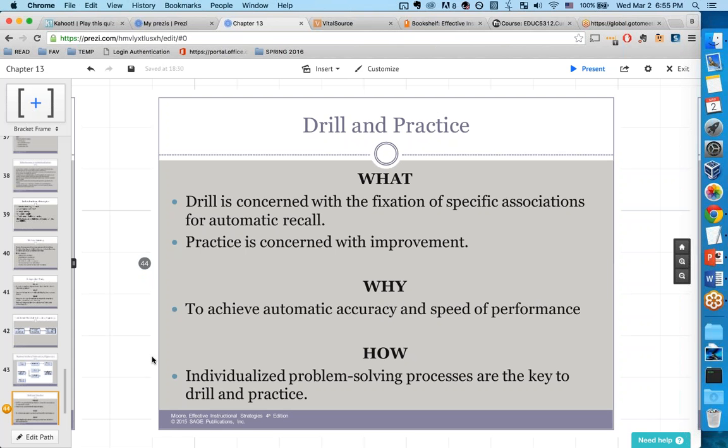When you do the drill, practice comes next. With the practice, though, you try to improve the performance. So why do we do this? We try to achieve automatic accuracy and speed of performance. And how can we do this? Individualized problem-solving processes are the key to drill and practice.